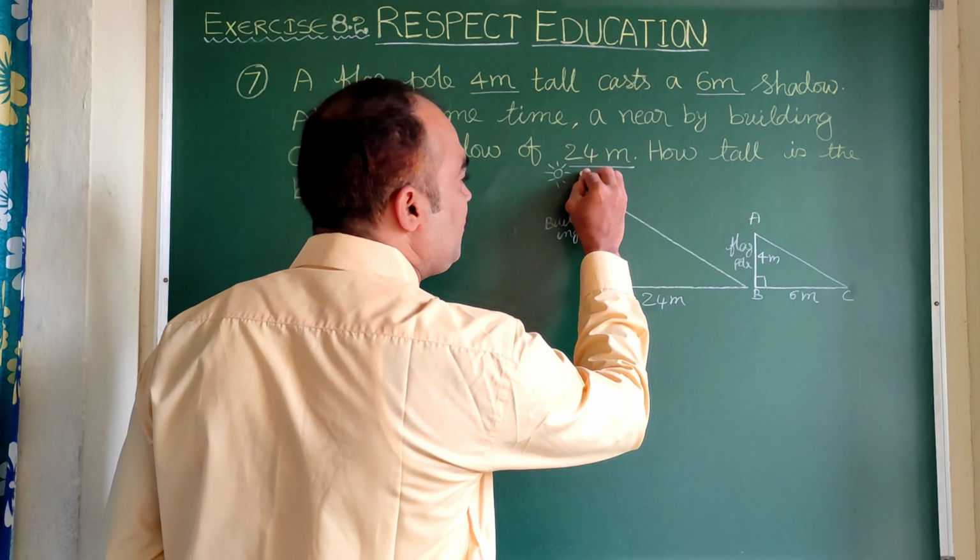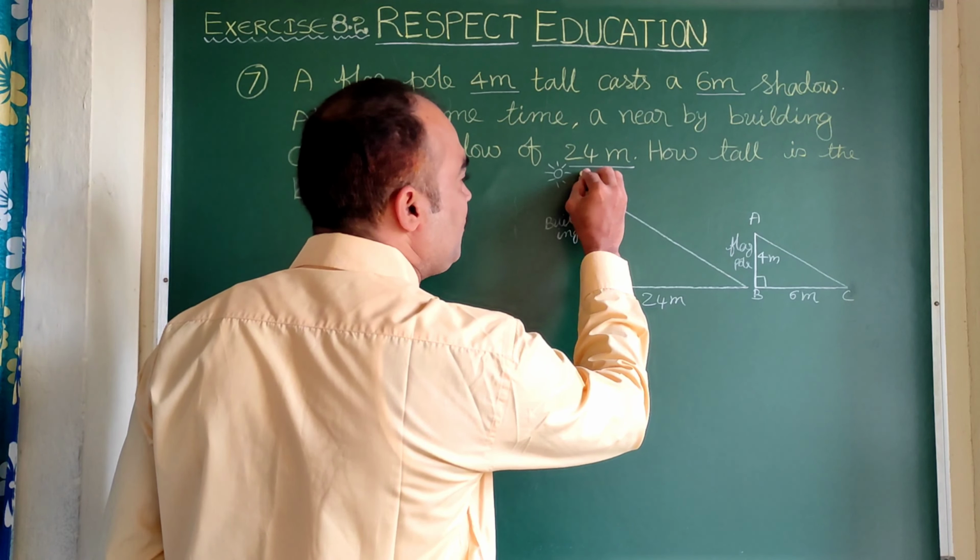Now the question is the height of the building, that is nothing but DE, that is equal to H, that is equal to question mark. So that is to be found now. So H is required.